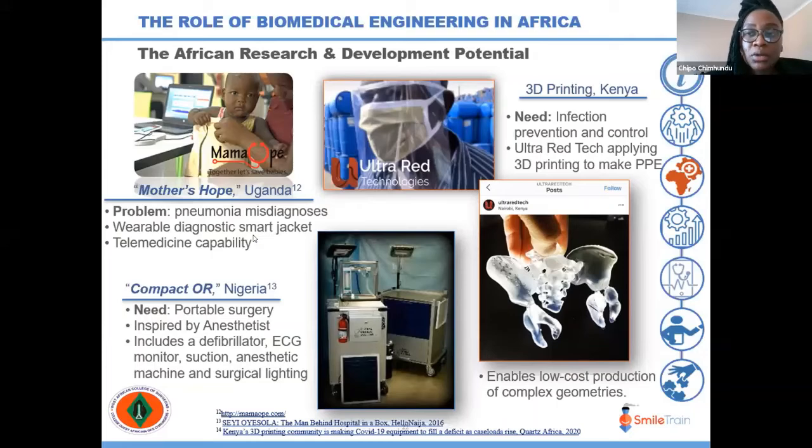So a compact OR that's also termed hospital in a box was created, which has an ECG, surgical lighting, and anesthetic machine, essentially, which can even be put on a helicopter and taken to remote areas for carrying out surgery. Essentially, what I'm trying to show you is we have a lot of potential in our context, but we just need to make it more appropriate for our setting.